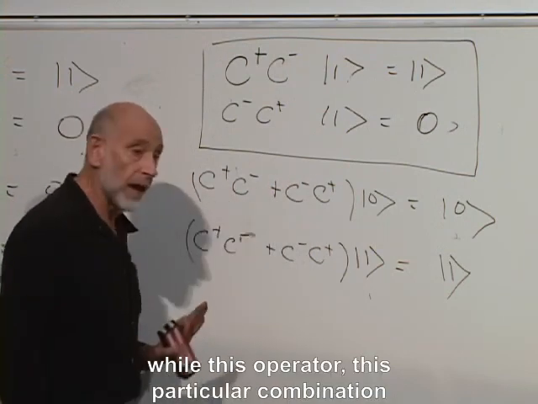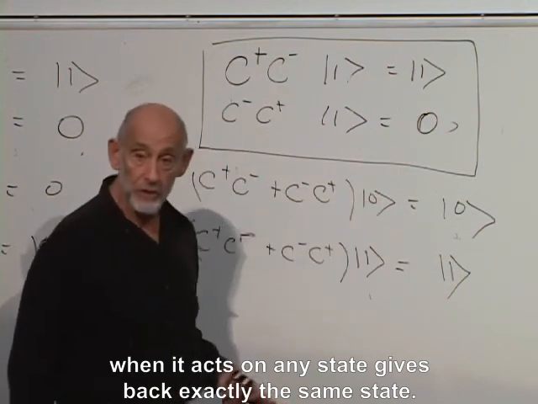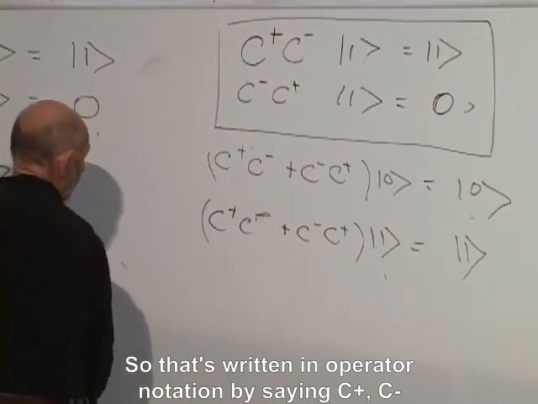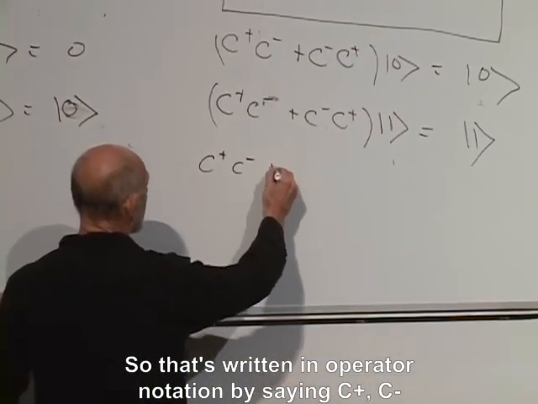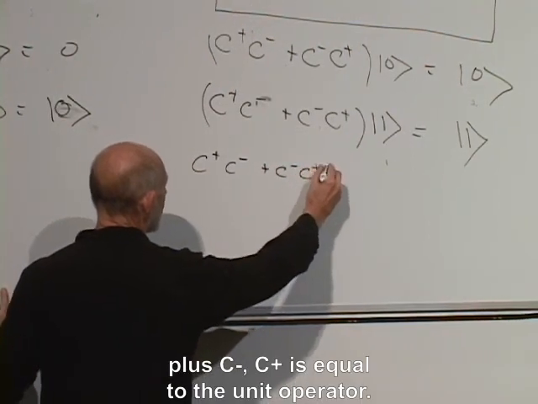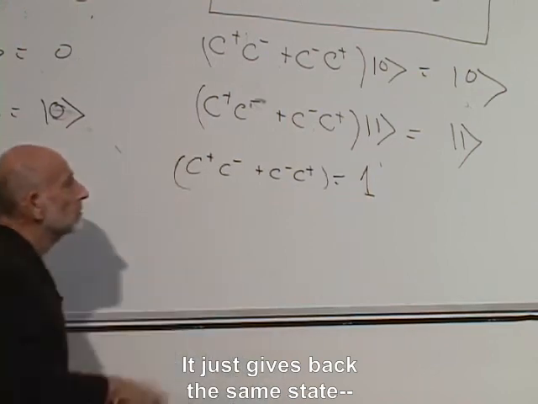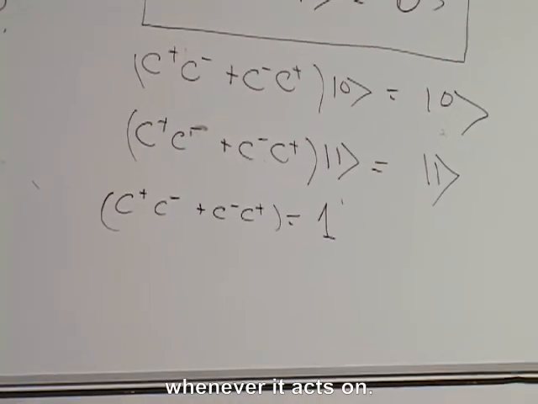This particular combination, when it acts on any state, gives back exactly the same state. So that's written in operator notation by saying C plus C minus plus C minus C plus is equal to the unit operator. It just gives back the same state, whatever it acts on.